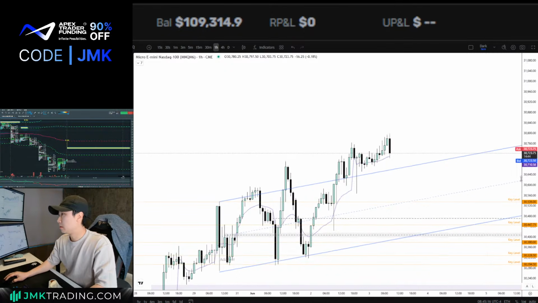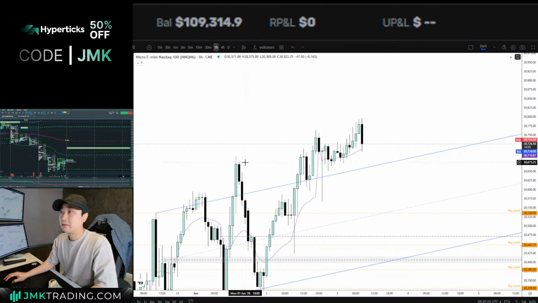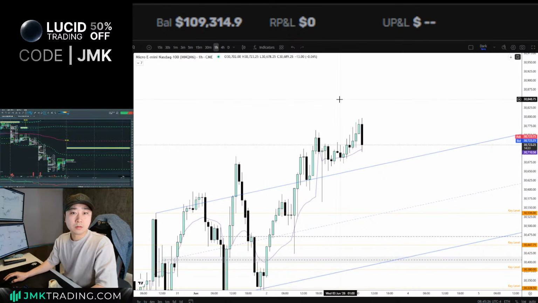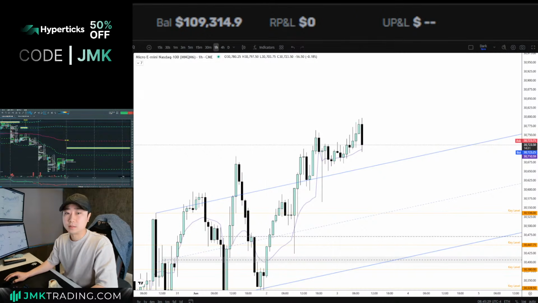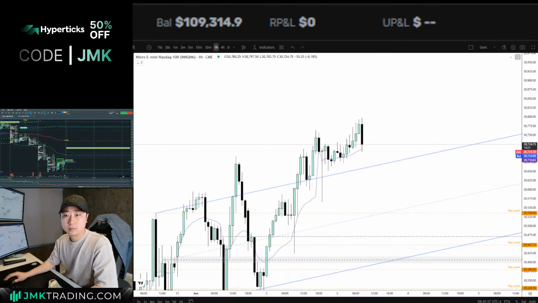So kind of what I just see here is this previous high, and more likely kind of where the previous high couldn't close. Wait, I just realized Discord can't see this. Give me 1 second. There we go.